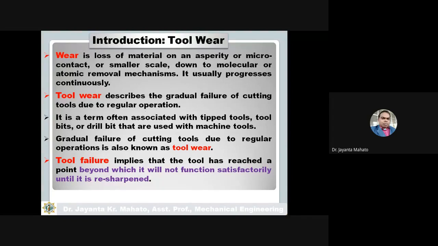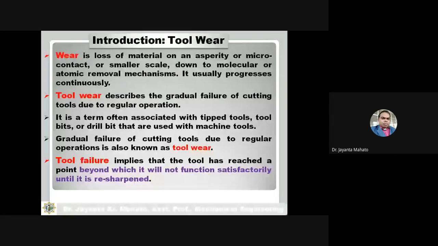So wear means just loss of material, in the micro range. Okay.